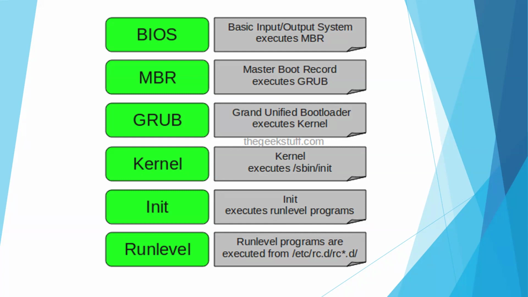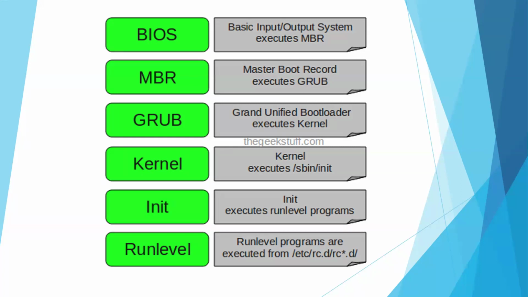Once the basic input output phase completes, the system moves to the next stage, that is the master boot record. During the master boot record, the system basically checks, and we'll discuss this in the next slide, the boot image to initiate and execute the GRUB process.